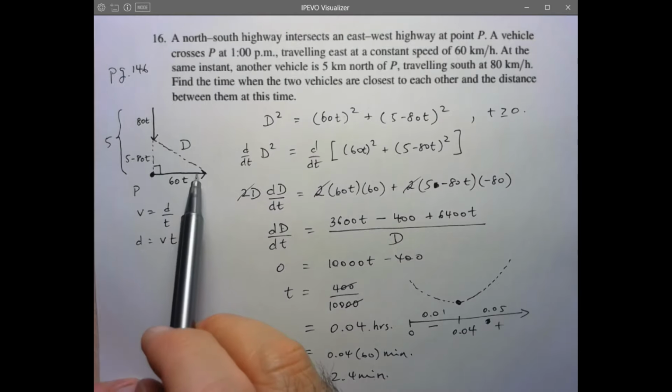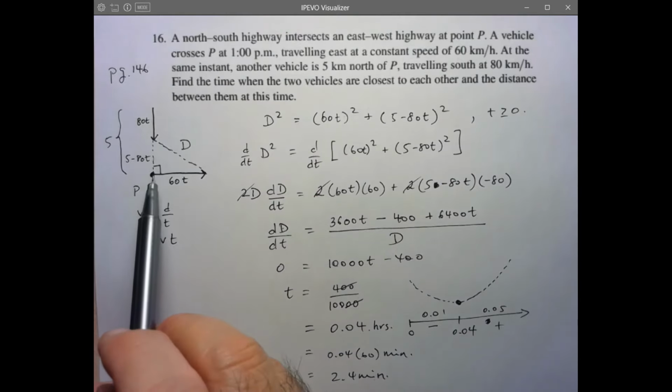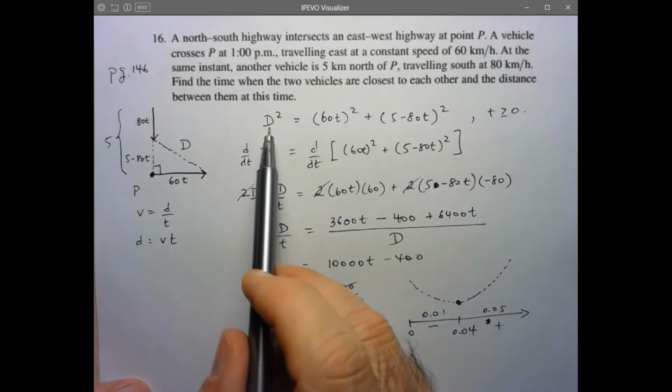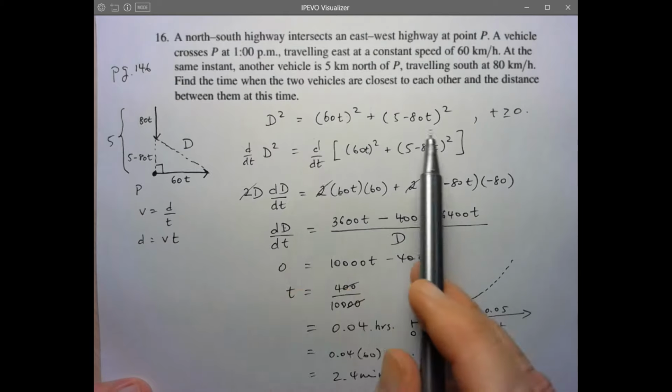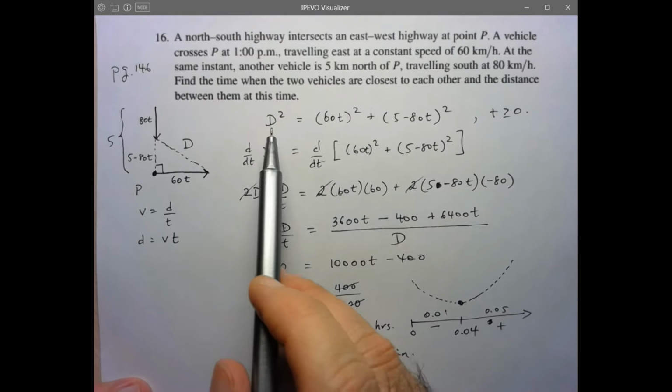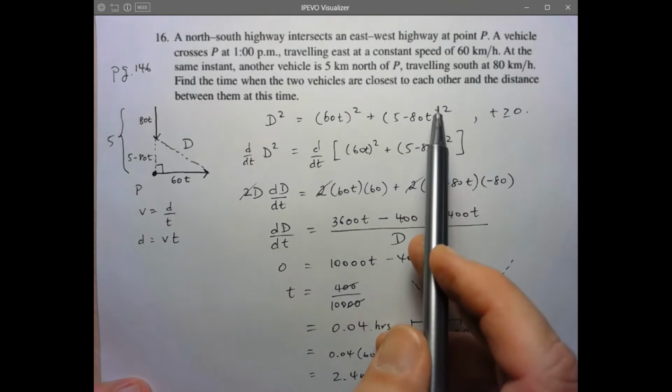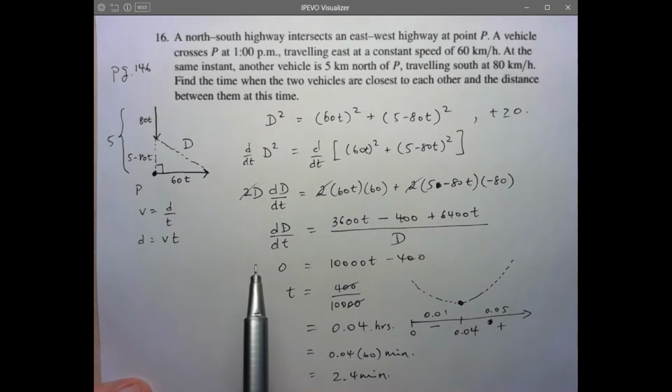And then from there, we were able to come up with a right angle triangle to determine a relationship for the distance. In this case, I decided to use implicit differentiation. I certainly could have taken the square root of both sides and used my traditional differentiation methods. All right, that's it for this one.